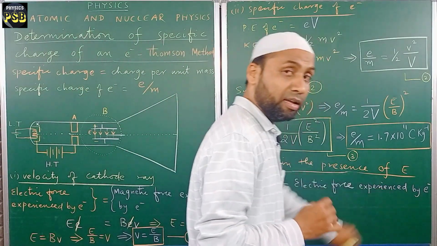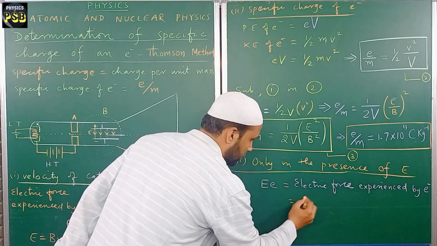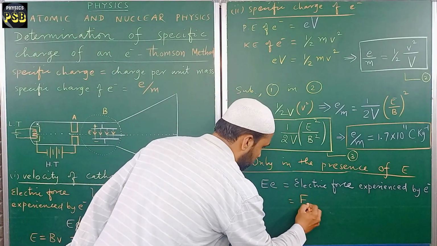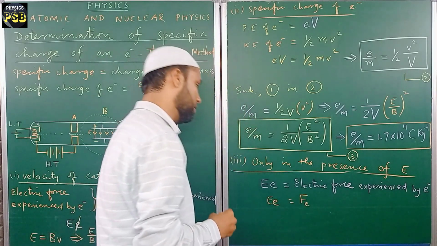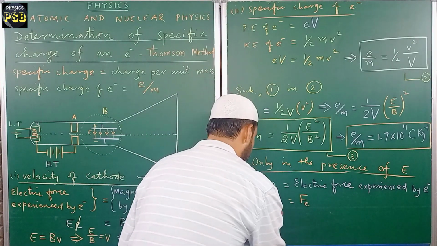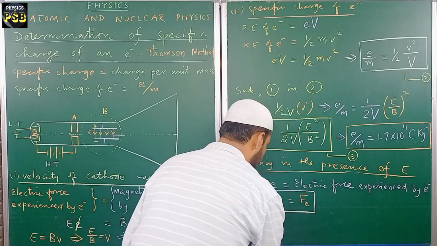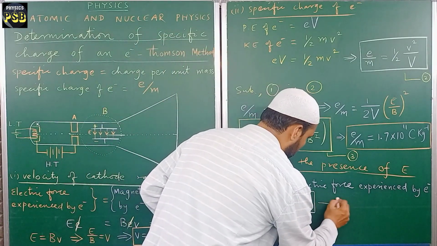I denote it by a notation. I use the notation F_E is equal to E multiplied with small e. Okay. Box this. We will take it as equation number 4.